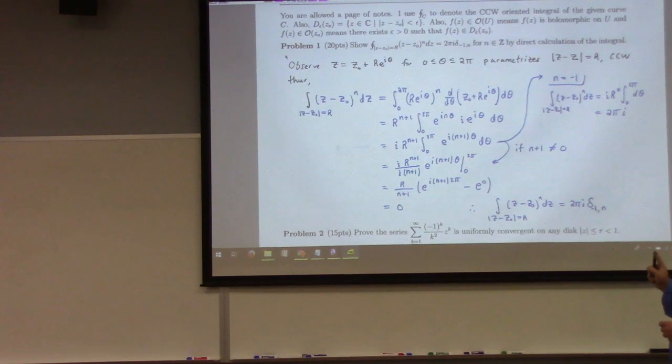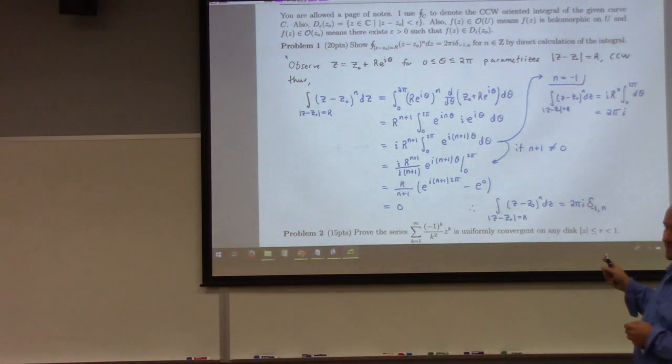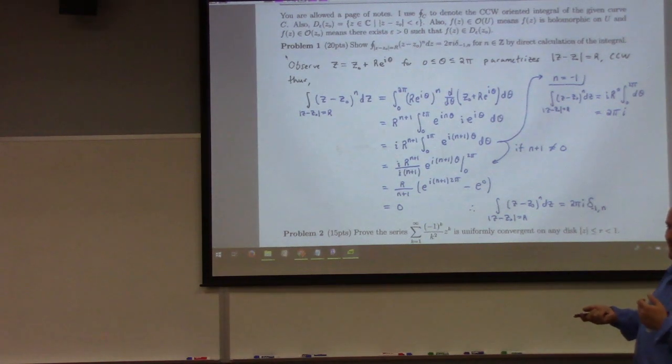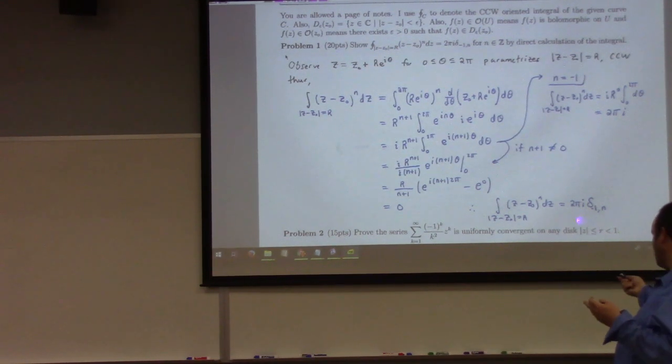Now, if we had the Cauchy residue theorem, this problem becomes almost a tautology. If you look at (z minus z naught) to the n, then the residue is 0 unless n equals minus 1, in which case the residue is 2 pi i.